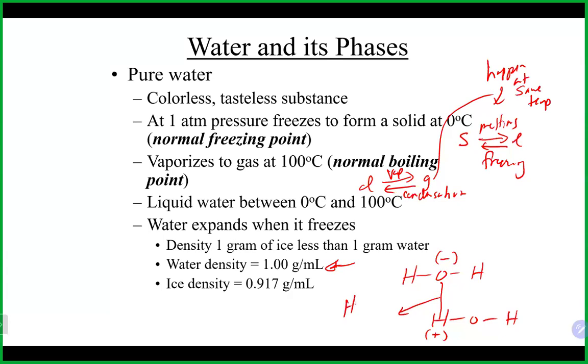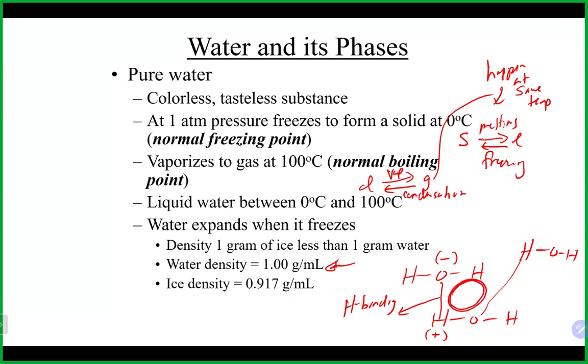And what ends up happening is when a lot of water molecules come in and bond, it creates this really open section between the different water molecules, especially in the ice state. Obviously, as it's going into the solid state, it's losing energy to do so.